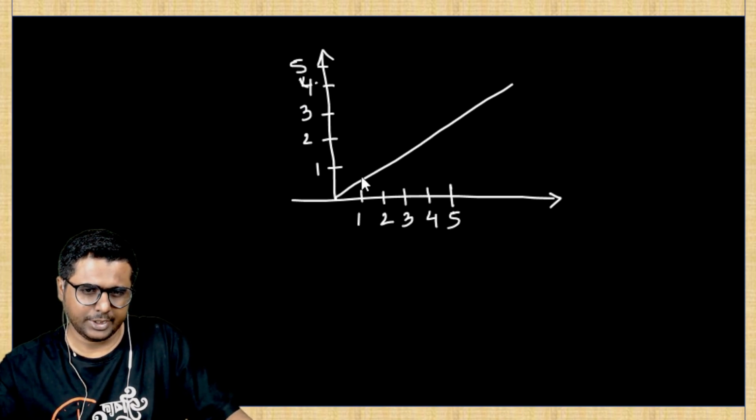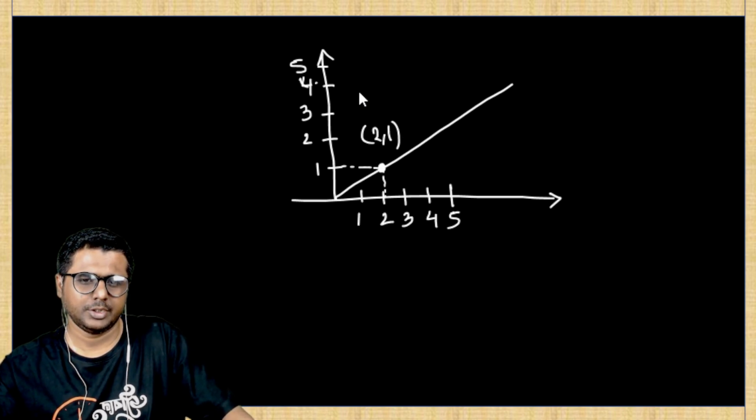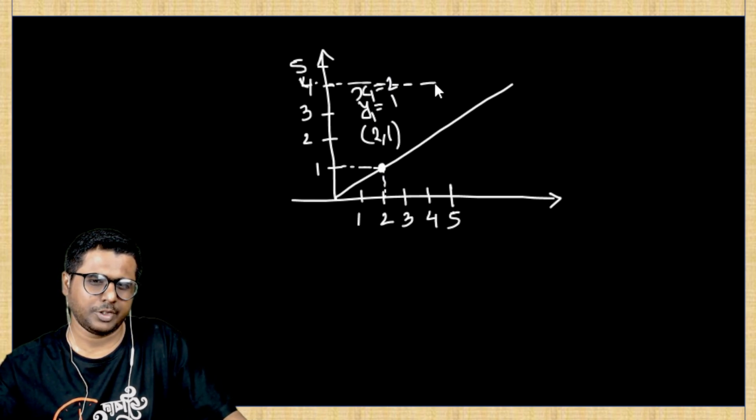So suppose I take this point. If this point is considered, then it is 2, 1. Here the value of x is 2 and the value of y is 1. So x1, y1.